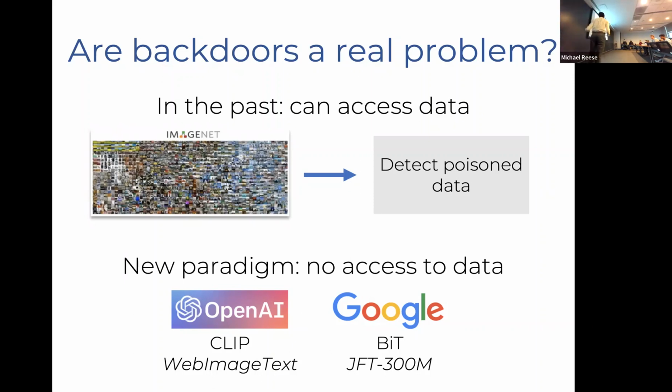You have these web image-text data sets, where there are a couple of sentences describing each image, with 500 million data points, and we have no idea where it was collected from or what's inside of it. And then Google has their own internal 300 million images, which we'll never see the light of day. But we use models from these companies, right? Probably many of you use CLIP. Some of you may have used the Big Transfer models from Google.